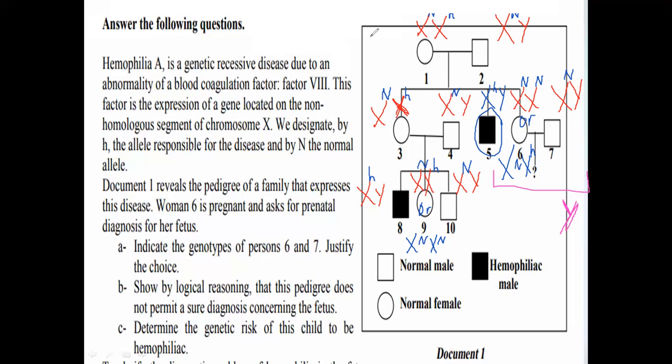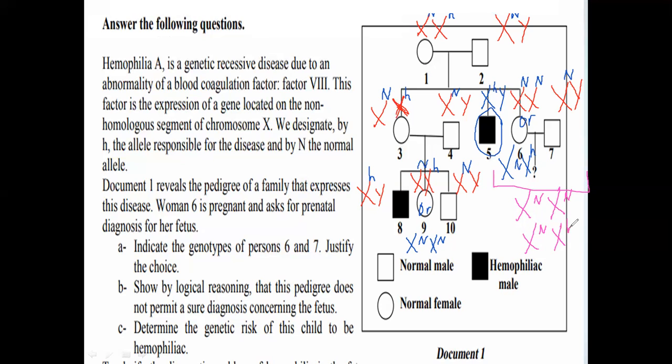Before we talk about the boy, let's talk about a female. She may take XN from her mother and XN from her father, or maybe it will be XN XH.